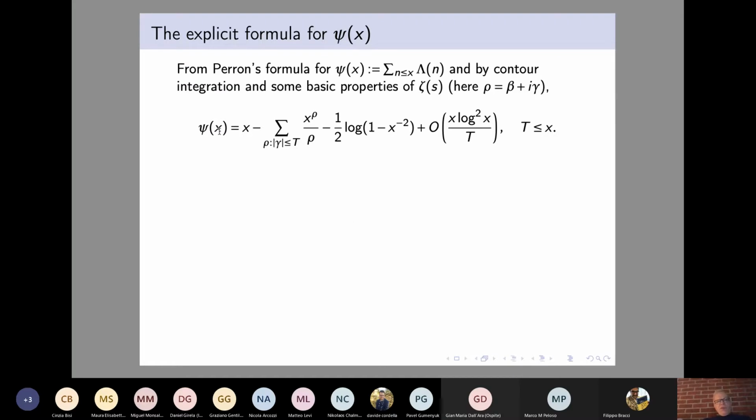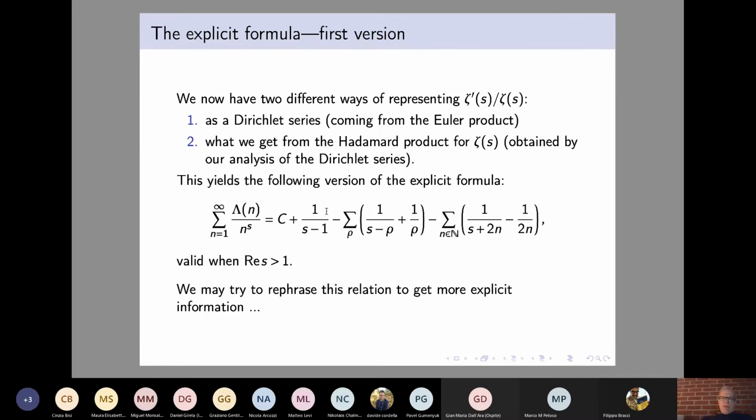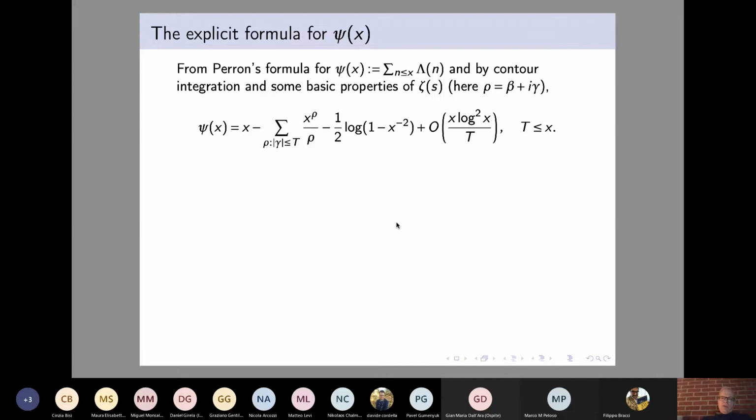Okay, so you remember what we did on the first slide. We had Perron's formula, so that gave us the left-hand side. And if we plug in the expression that we now have on the right-hand side, I'm referring now to the sum with what we get from the pole and the zeros, into Perron's formula and use contour integration, you get the expression on the right-hand side here, which is first the term x, which comes from the pole.